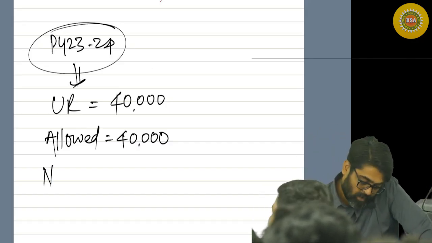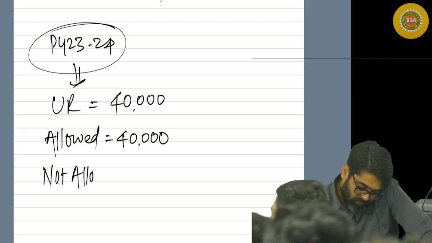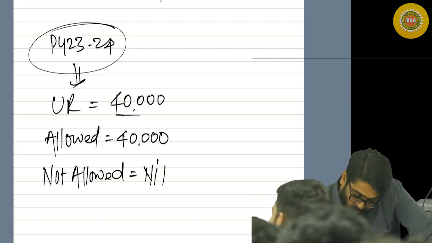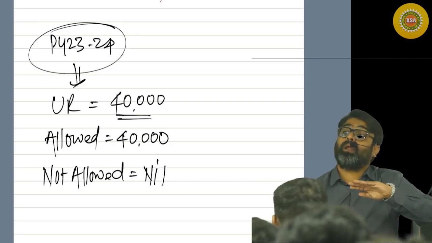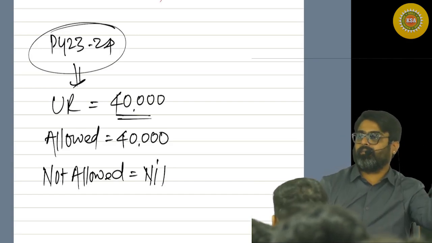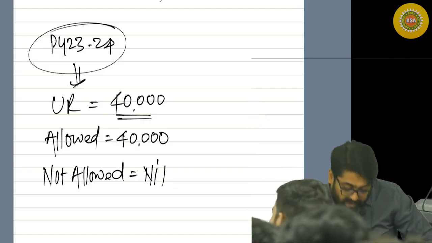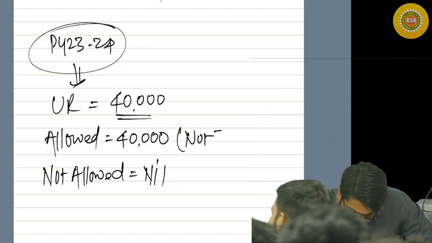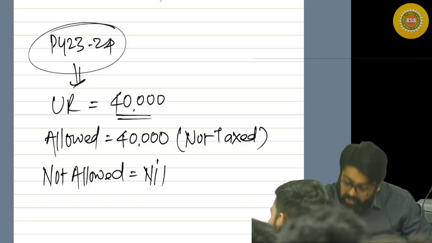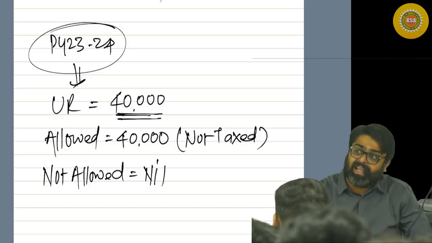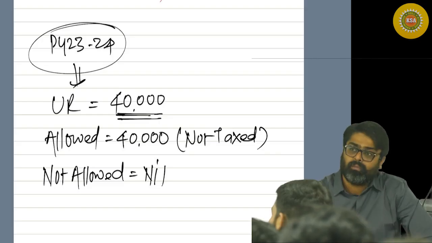Meaning, how much not allowed? This 40,000 was made a part of the calculation last year. It was allowed, meaning not taxed. Yes or no? Now, out of this 40,000, is there any amount which was not allowed?